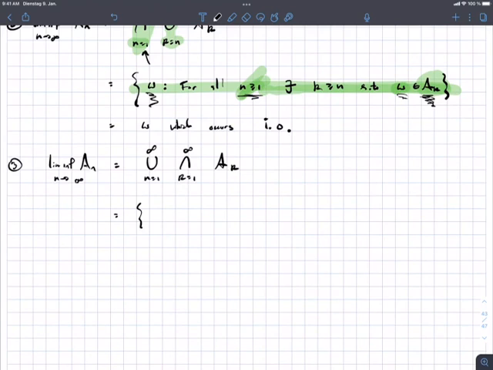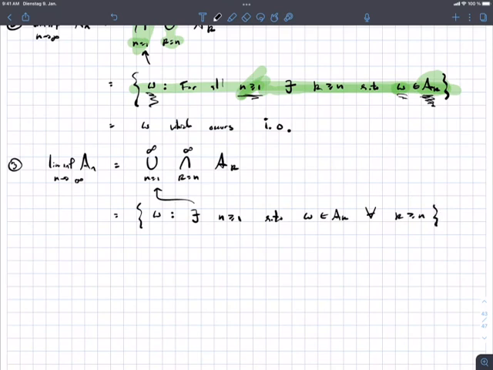This one is outcomes such that there exists n greater than 1, such that omega is in A_k for all k greater than or equal to n.